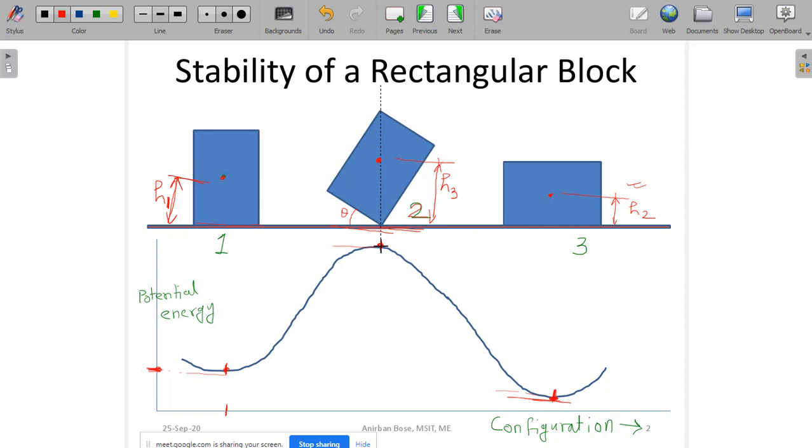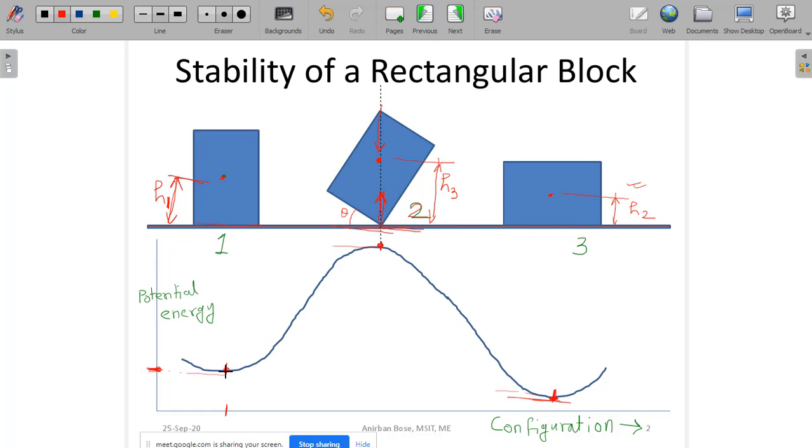And here also, if you see carefully, the normal reaction which is acting on the block by the ground is exactly in the same line in which the weight is acting. That means this configuration 2 is also in equilibrium.